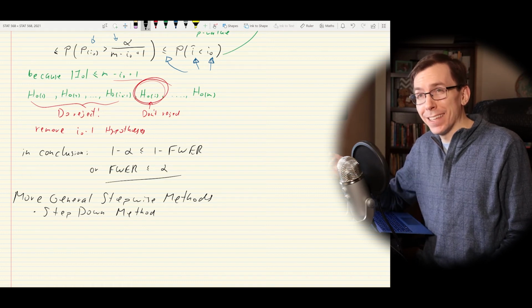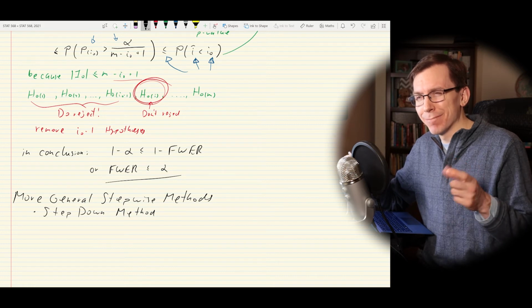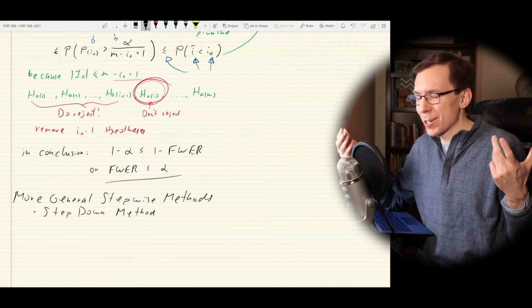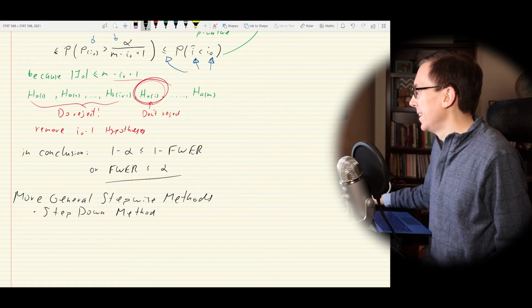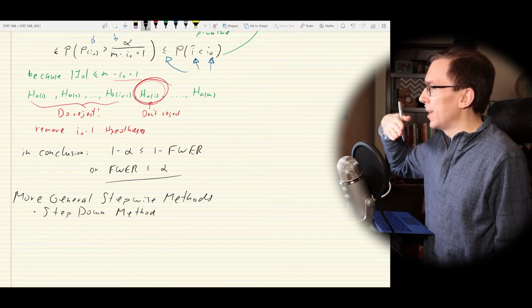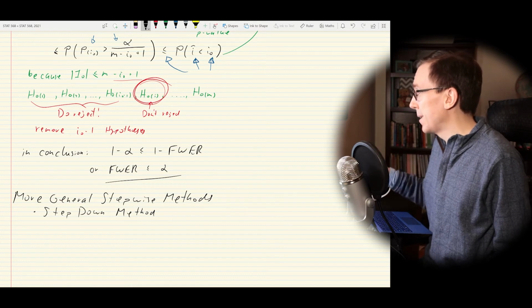In a step up method, we start with the largest p-value and work our way down. But yeah, statistics terminology, right? It's terrible. Anyway, a step down method is a general approach to what we just talked about.